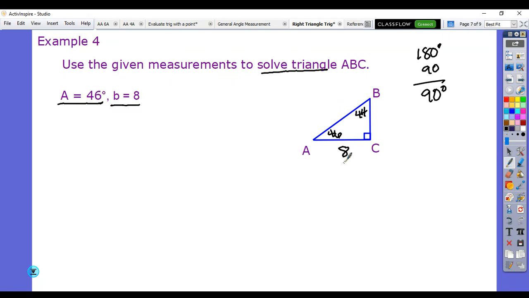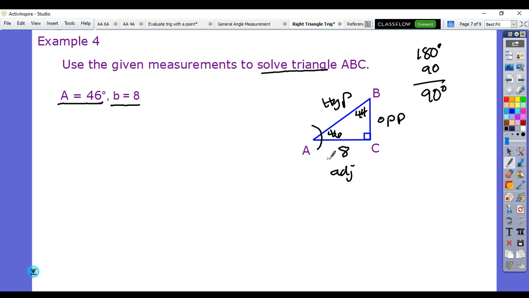All right, so I have this angle here. Let's just go ahead and mark angle A. It doesn't matter which one you mark. I'm just going to use A. So for this angle, if I come across, this is my opposite, this is my adjacent, this is my hypotenuse.